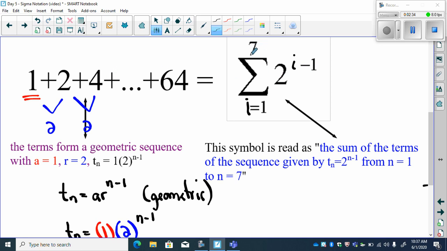All the way up to 7. 2 to the 7 minus 1, or 2 to the 6th, would give me 64. So this symbol is read the sum of the terms of the sequence given by the general formula, t sub i equals 2 to the i minus 1, from i equals 1 to i equals 7. All right, so we're just replacing the n's with i's.